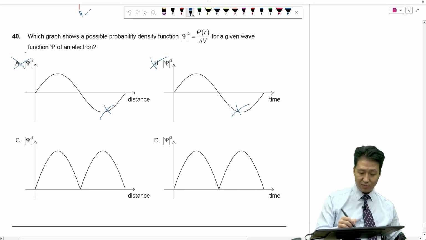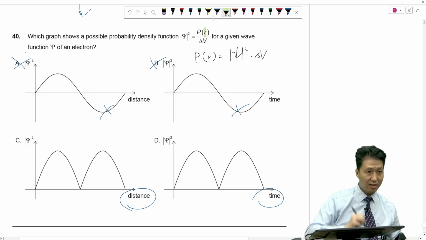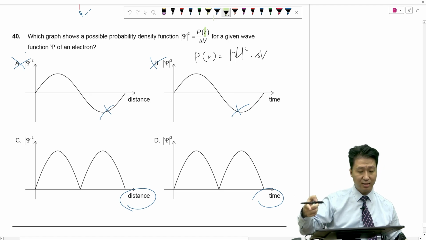Now, the only difference between C and D is that there's distance and time here. And what you should notice is you're trying to find the electron in a space. Here, the probability is using space, right? The distance. You're looking through space, not time.